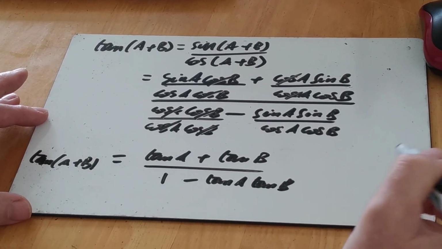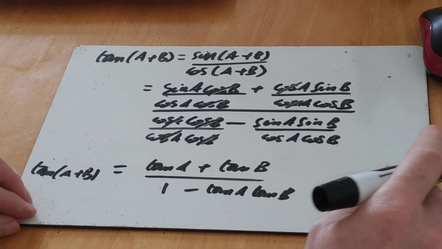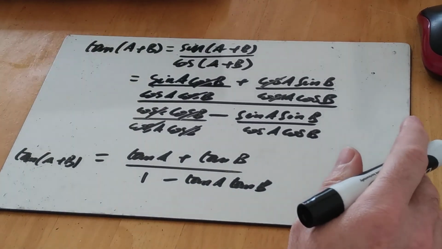And as before, if I change the B to minus, what effect does it have on the plus minuses?